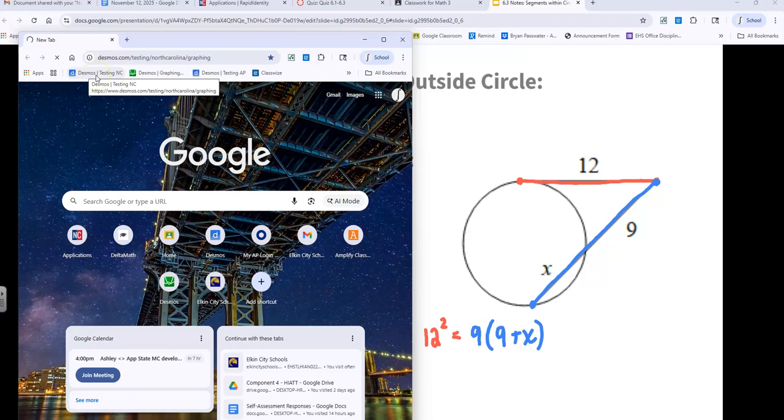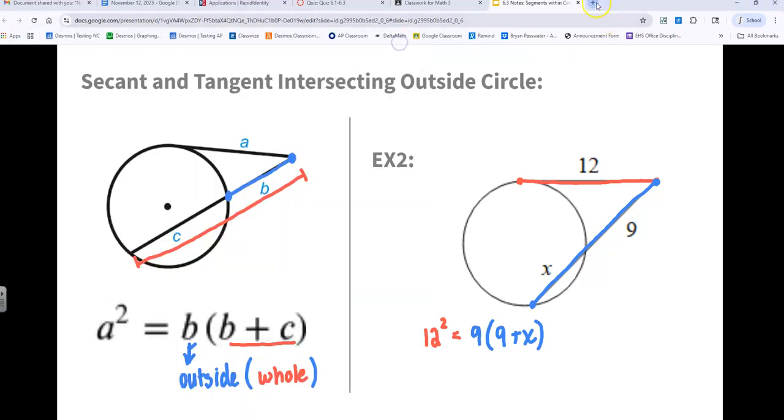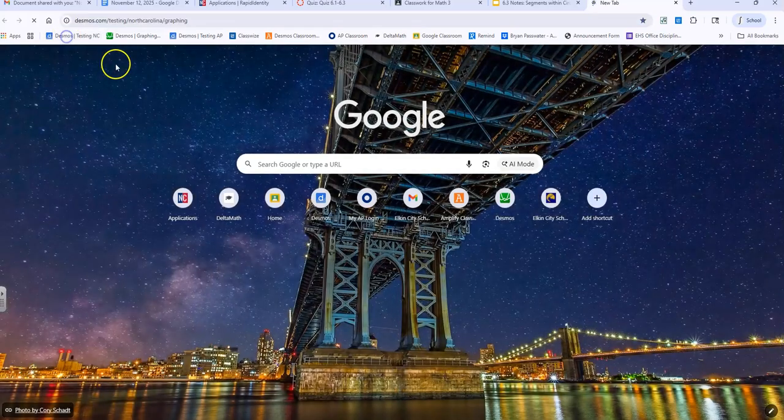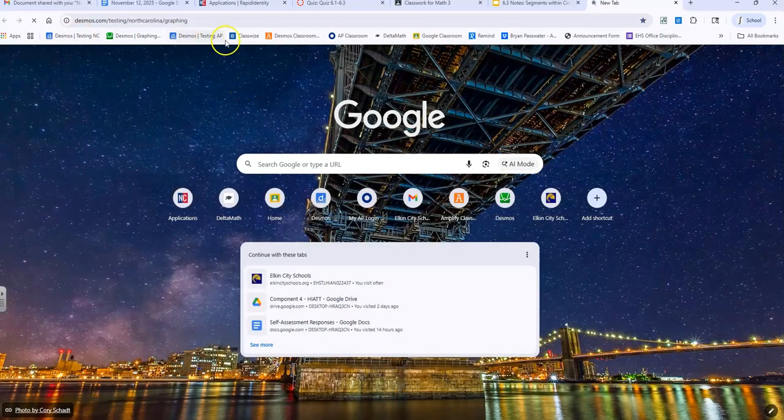Maybe Desmos will come up here. Well, we might not be able to solve it with Desmos. Is it all of the internet or is it just Desmos? Oh, here it comes.